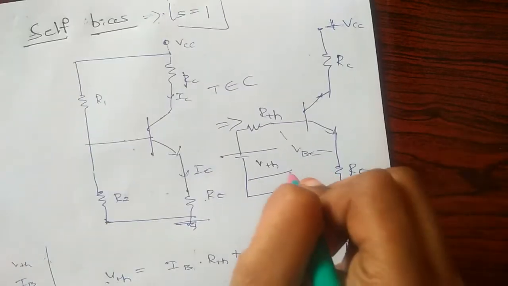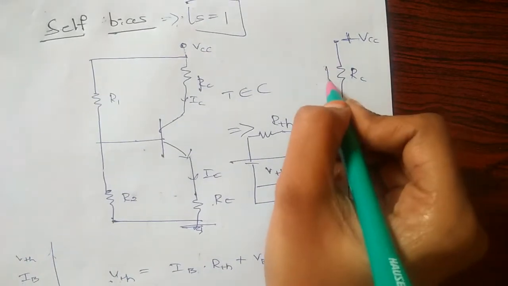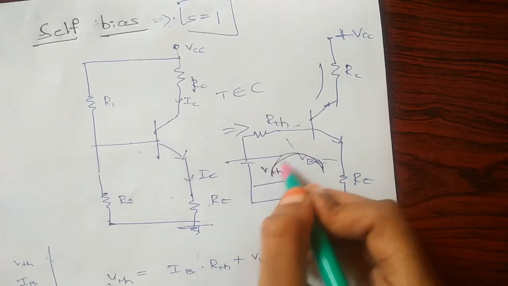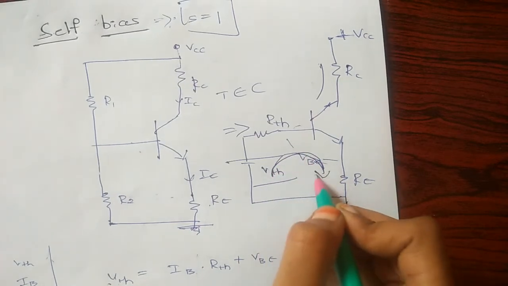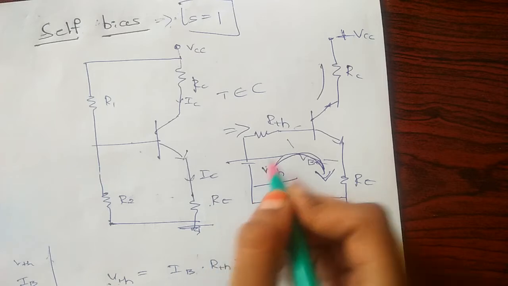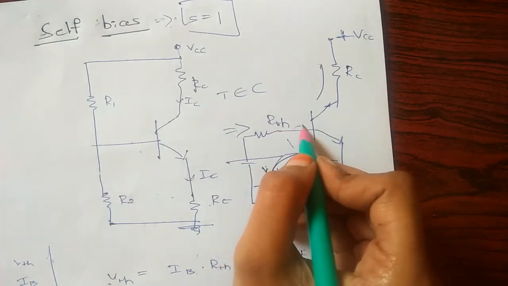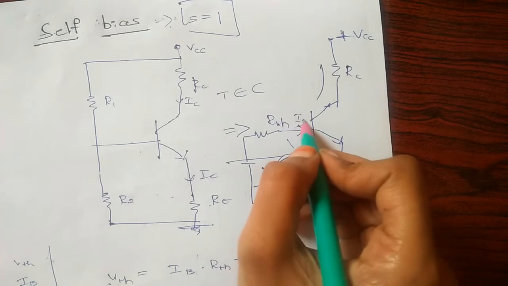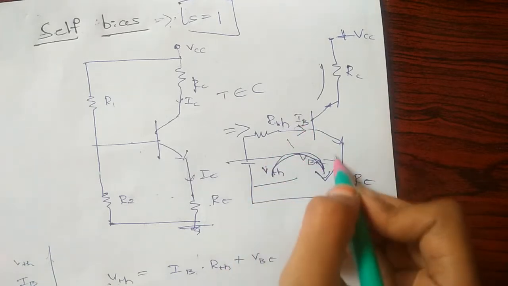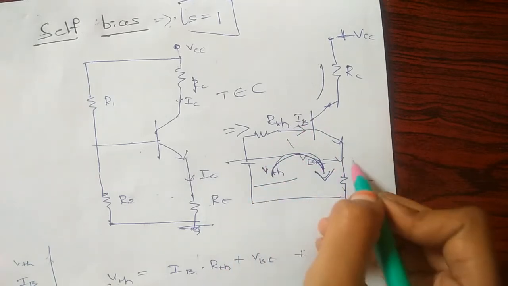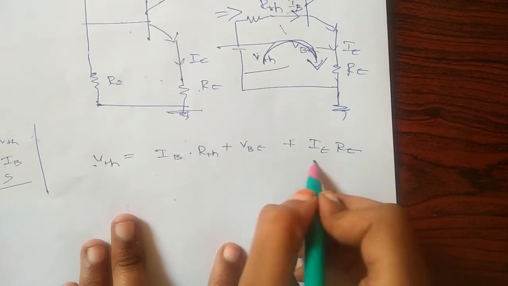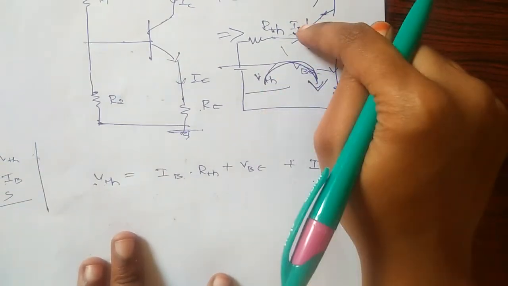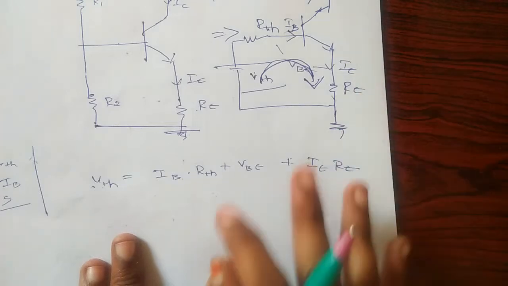Here the input is taken in this way: VTH, RTH, the IB current which is flowing towards the base, RE and IE in the equation, and VBE, the voltage across base and emitter.